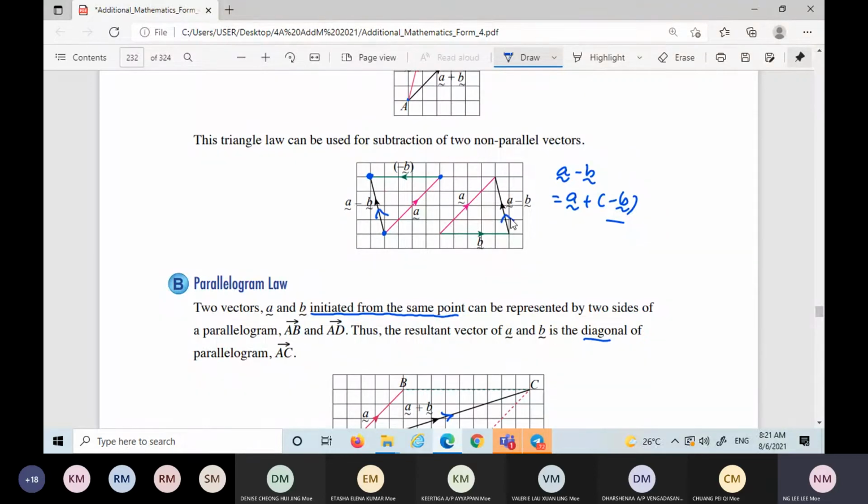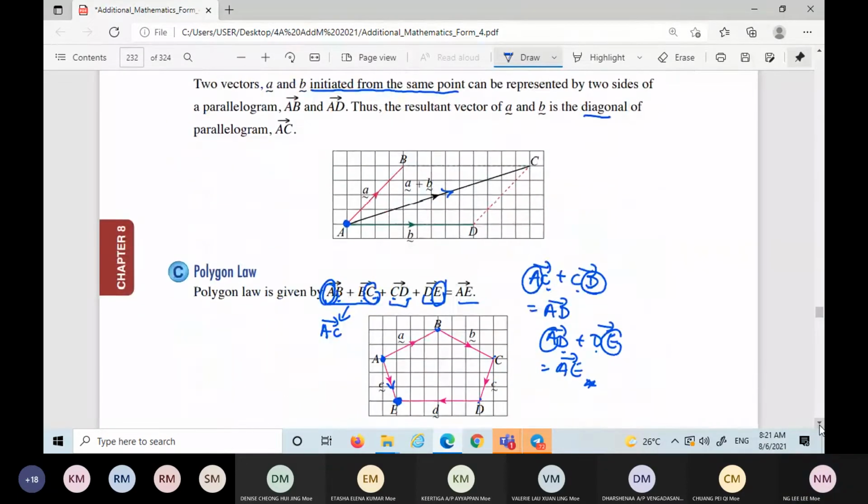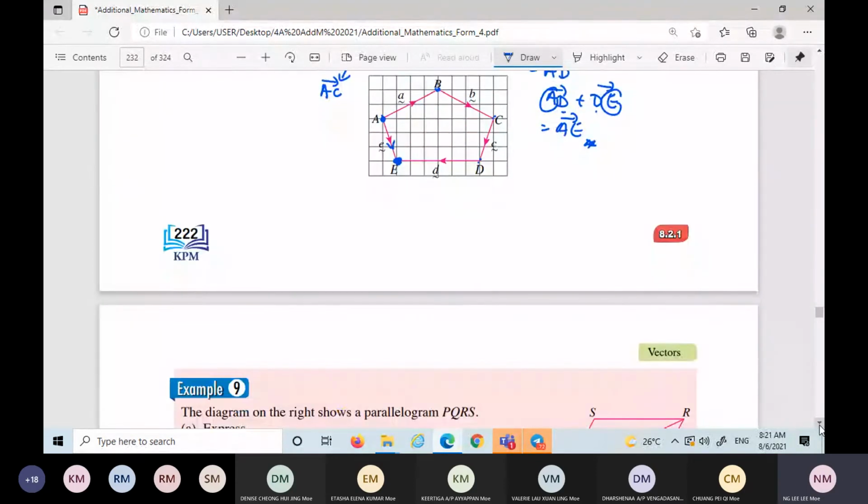Put a double arrow. So that's about it for the triangle law. After that, you have a few examples, then after that, you have a solved problem. Then that's it for 8.2.